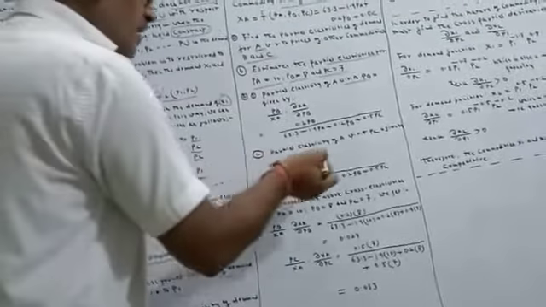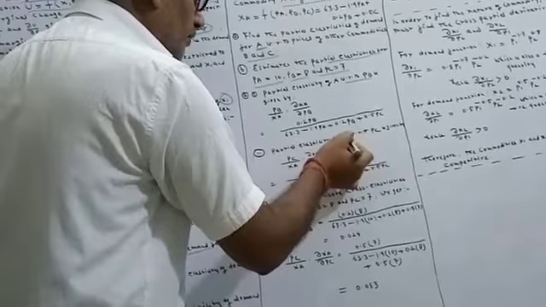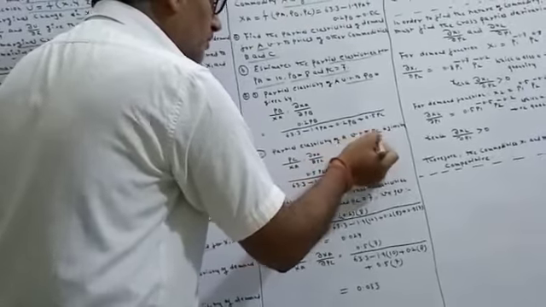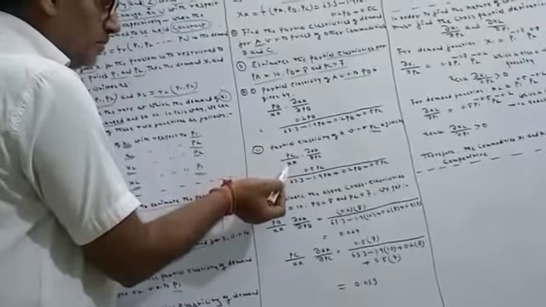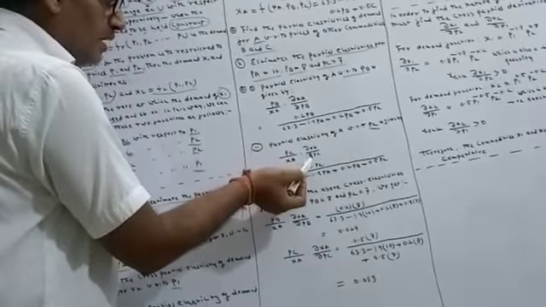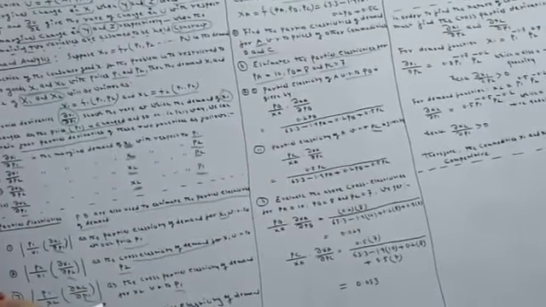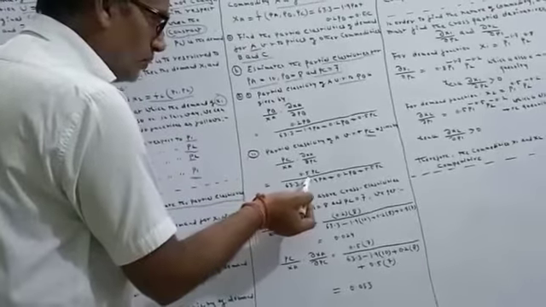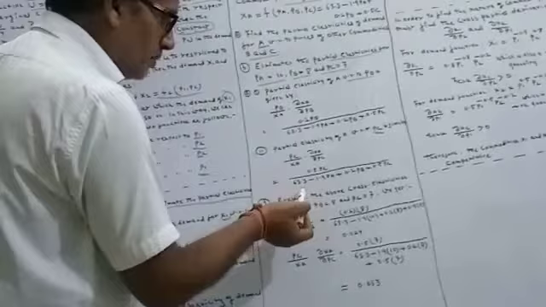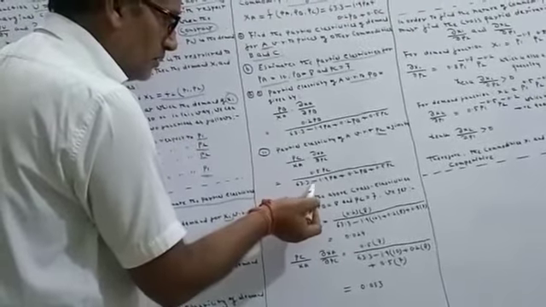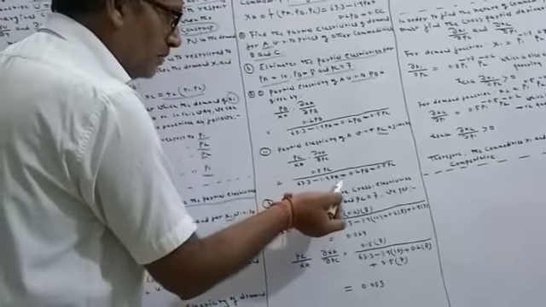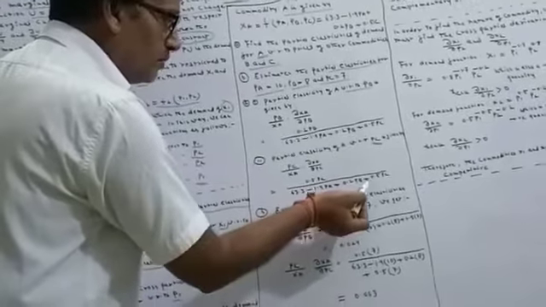Now, partial elasticity of A with respect to PC is given by PC by XA into del XA by del PC, which is 0.5 PC divided by 63.3 minus 1.9 PA plus 0.2 PB plus 0.5 PC.